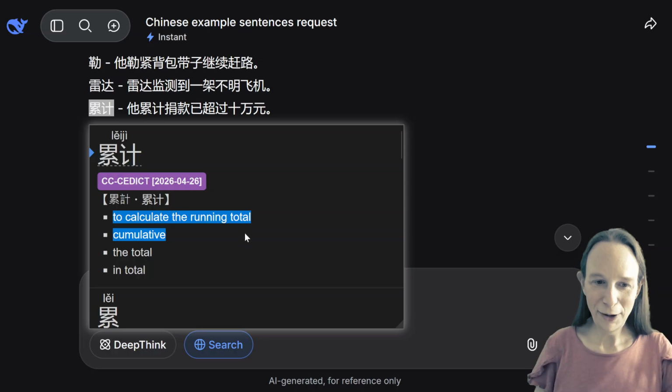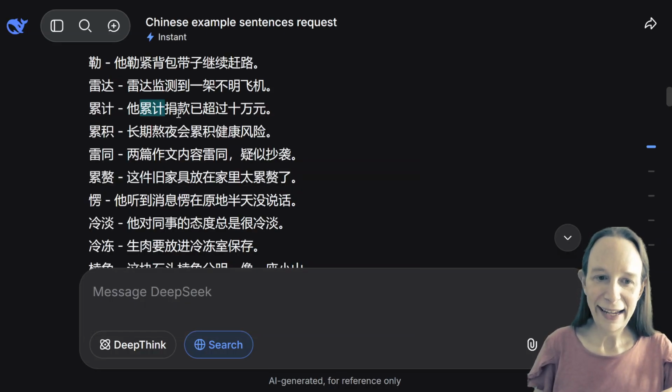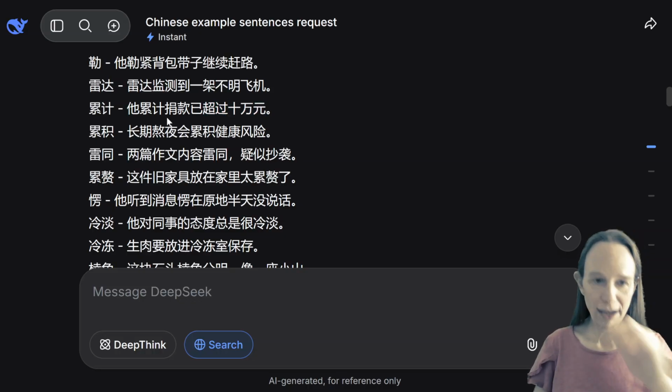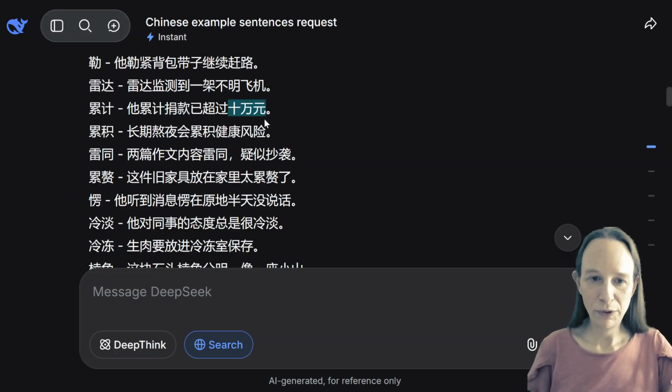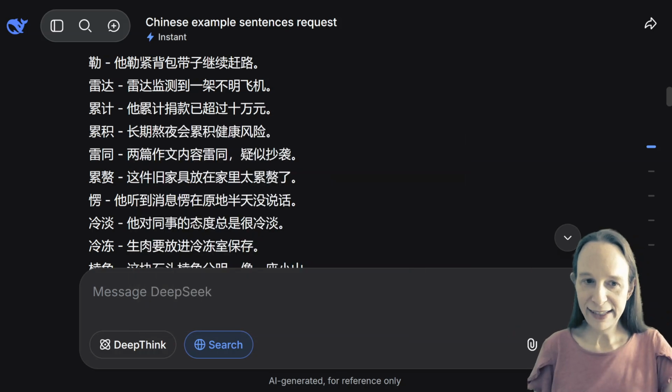You calculate the total. Cumulative. Yeah, cumulative. That's a good translation. 累计捐款已超过10万元. So his total 捐款, a financial donation, is more than 10,000 yuan. All right, 累计. So his cumulative donation.